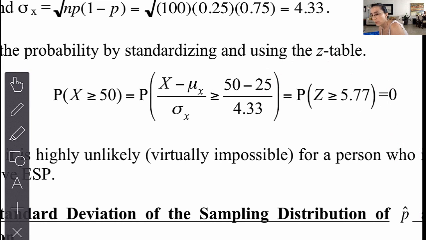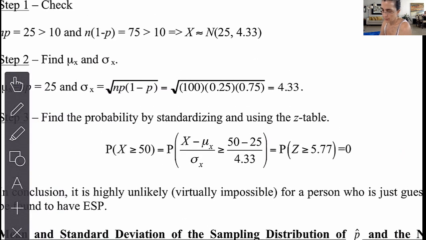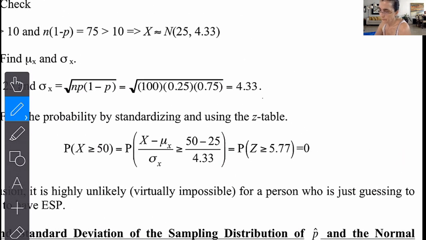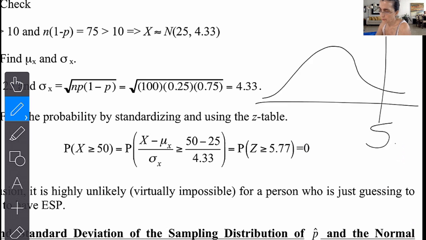Well, that's right off the chart, right? It's right off the chart. Say I'm here, 5.77, and I need to go this way.